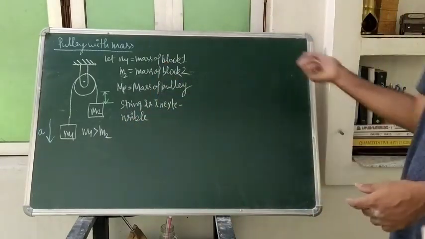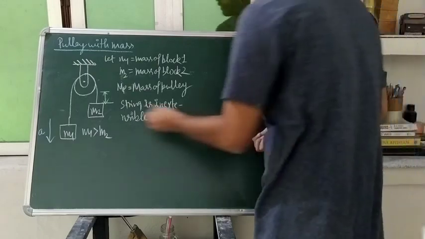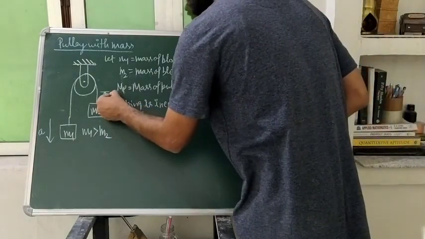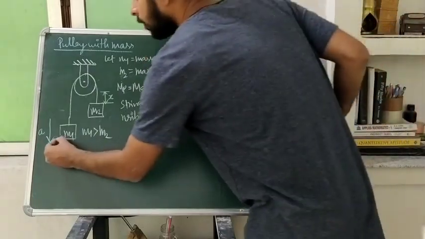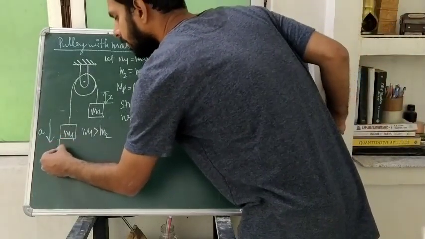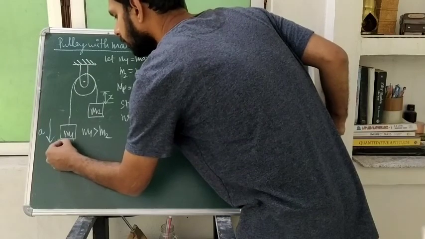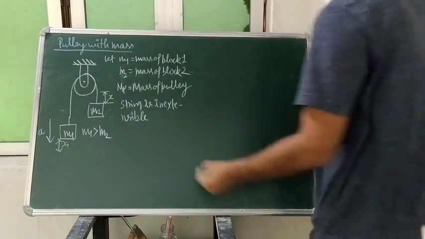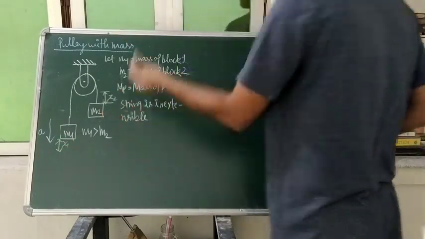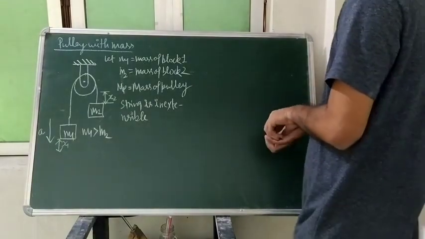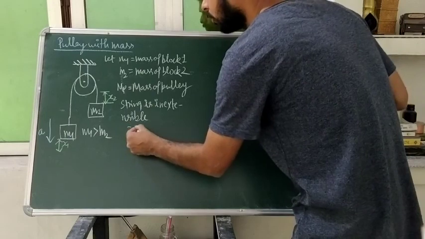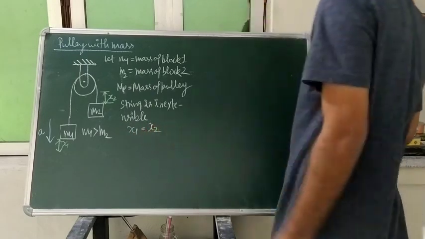So when the string is inextensible, of course whatever distance mass m2 will travel, when this mass m1 is coming down by x1, it is going x2. So since the string is inextensible, our x1 should be equal to what, student? x2.